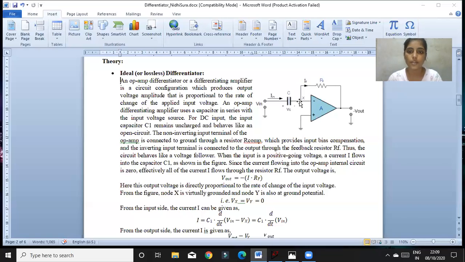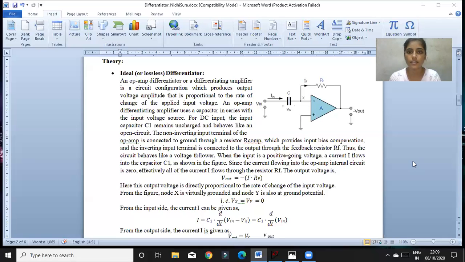When the input is a positive going voltage, a current I flows into the capacitor, as shown in the figure. Since the current flowing into the op-amp internal circuit is zero, effectively all the current flows through the resistor RF. The output voltage Vout is equal to minus I into RF.